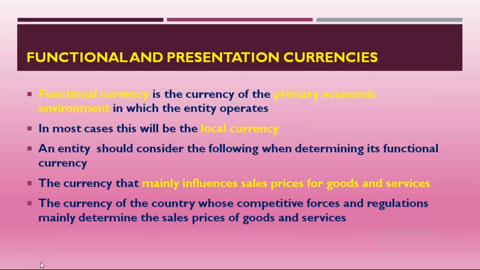Also the currency of the country whose competitive forces and regulations mainly determine the sale prices. Sometimes it's the competitive forces, in which currency the others do the transaction, and the regulation, the currency that the tax authorities use to calculate the taxes for you.